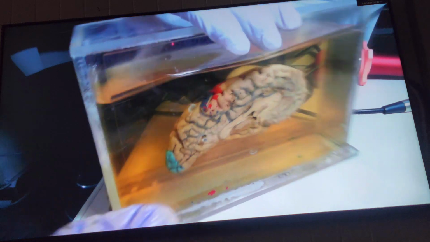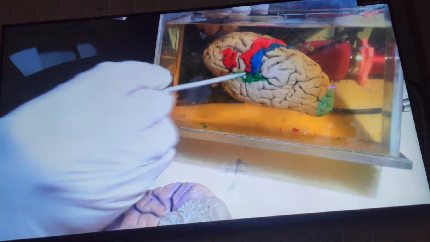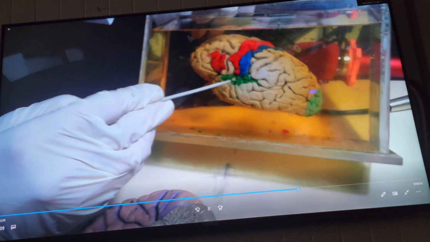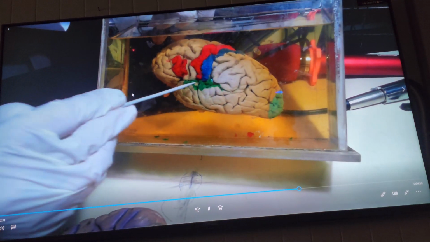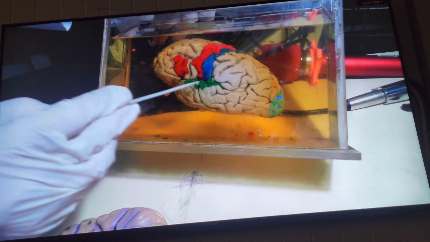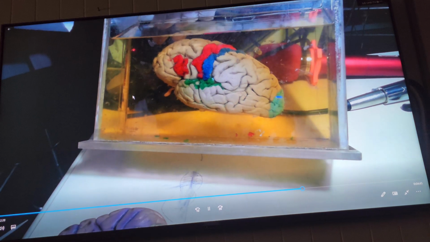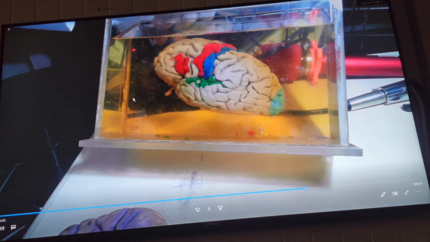Regarding the temporal lobe of the cerebral hemisphere, this is the primary auditory area in green color, also called the acoustic area.